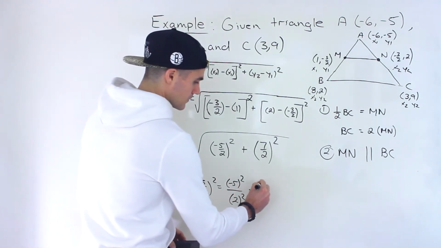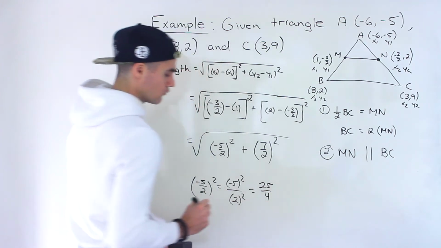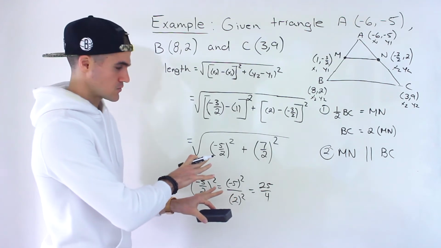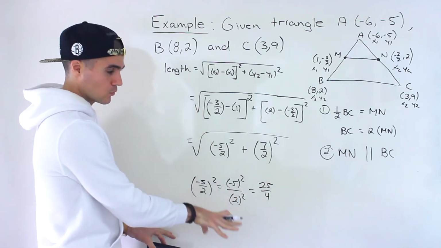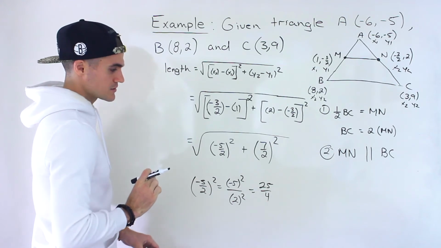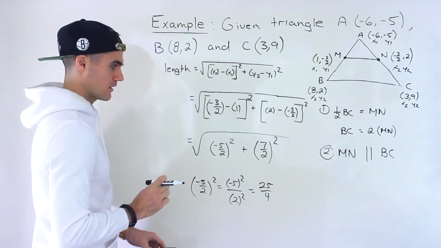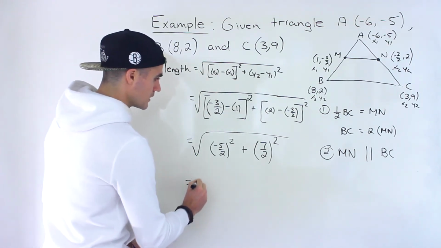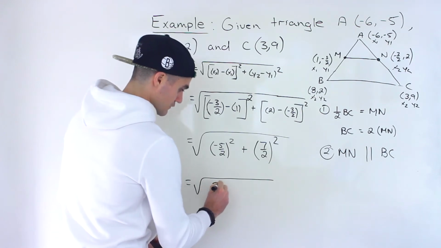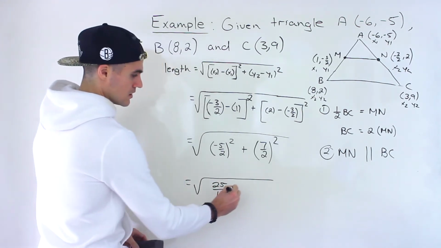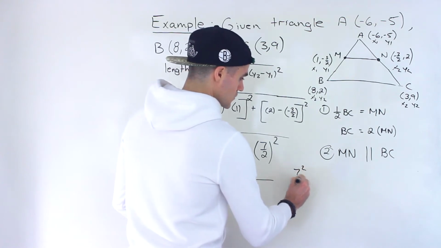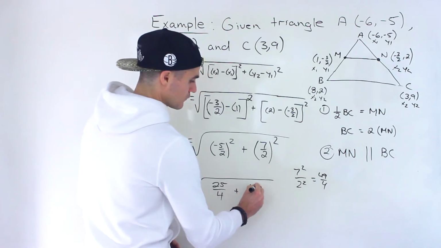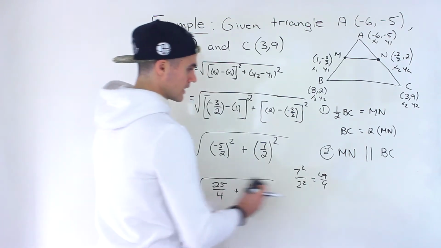And so this would end up giving us 25 over 4, like that. You could just maybe work with decimals as well, but just in case your teacher wants all of the work in fractions, which is a lot tougher to do, I'm going to show you how to do all that with all these rules. So this here would end up being 25 over 4 plus 7 over 2, which is like 7 squared over 2 squared, which gives us 49 over 4. So this is going to end up being 49 over 4 like that.